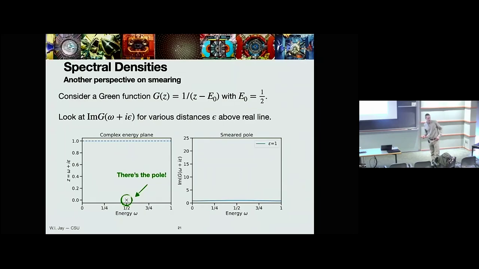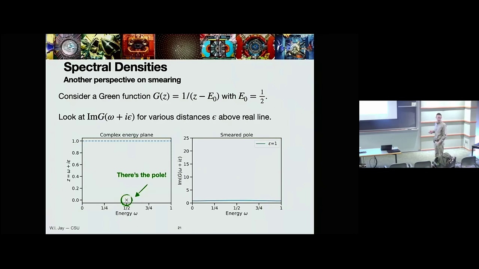To motivate this, I want to think about a particularly simple Green's function. Just consider a single pole and pick some units so that the pole is located at an energy of a half. So here's the complex energy plane, here's the real line, and there's the pole I've chosen. Let's look at the imaginary part of this Green's function for various distances epsilon above the real line.